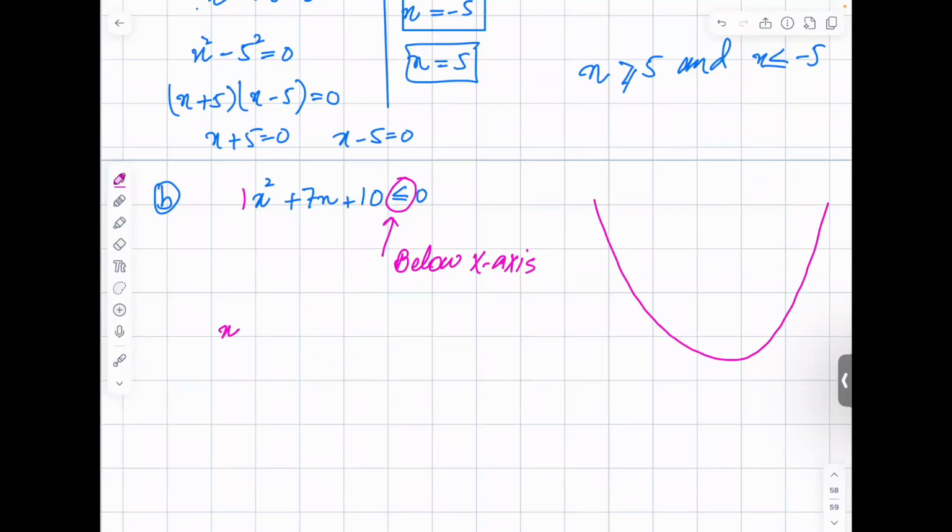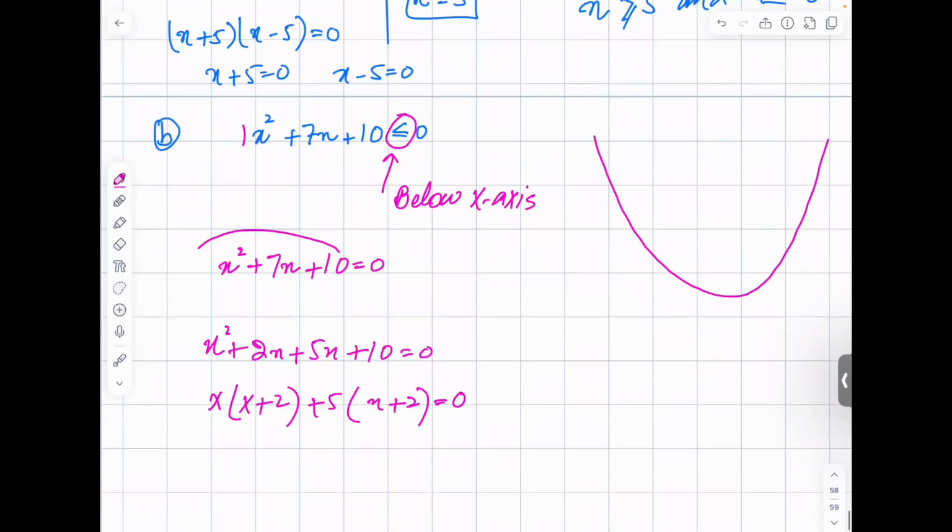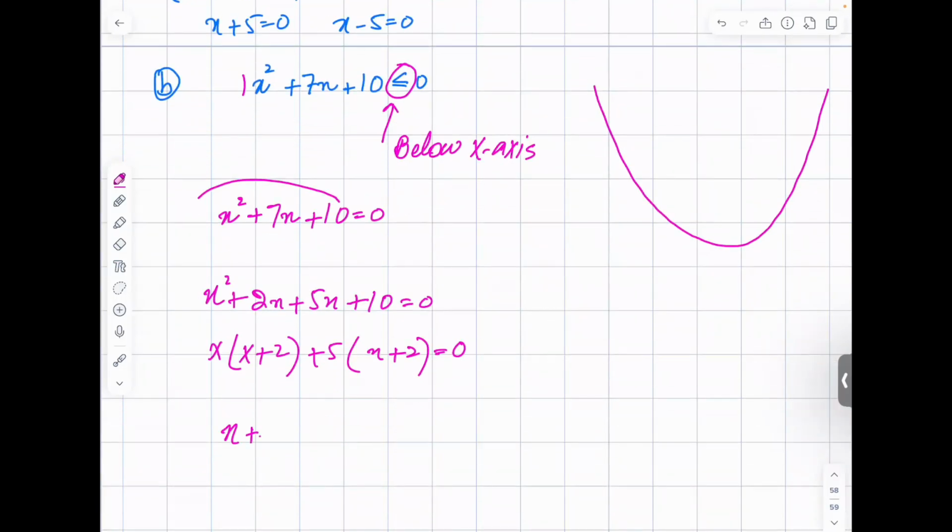So first, let's write its corresponding equation. x square plus 7x plus 10 is equal to 0. Now that is going to be x square plus 2x plus 5x plus 10, right? That would give us x plus 2 and x plus 5 equals to 0.